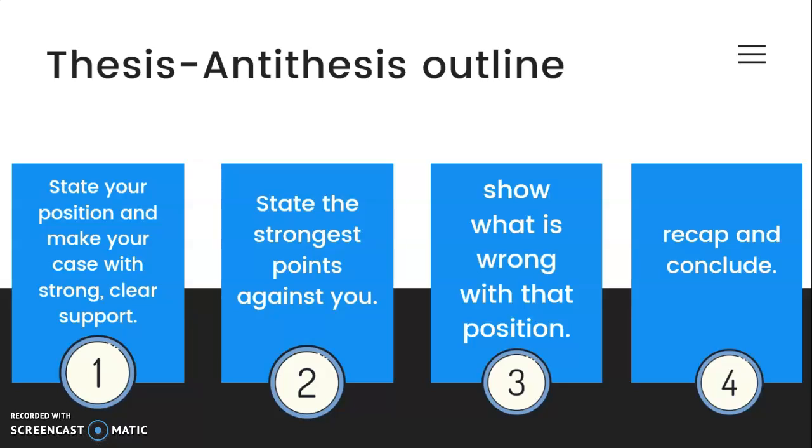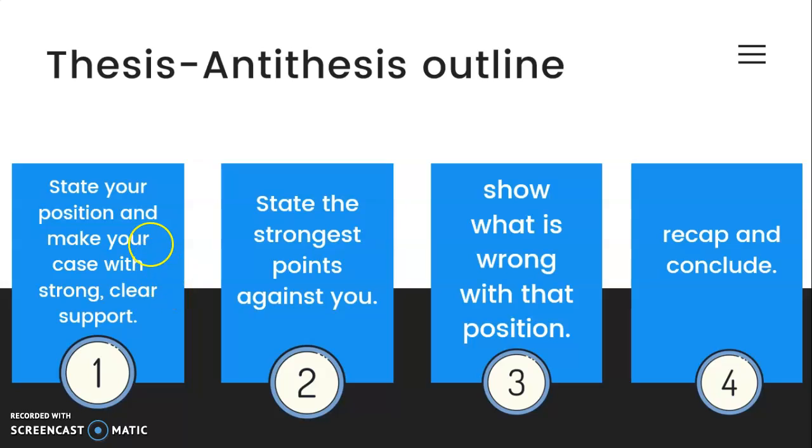In building your persuasive presentation, you can use the thesis and antithesis outline. What does it mean? So first of all, you have to start with the thesis, where you state your position and make your case with strong and clear support. Then you present the antithesis, where you state the strongest points against you.